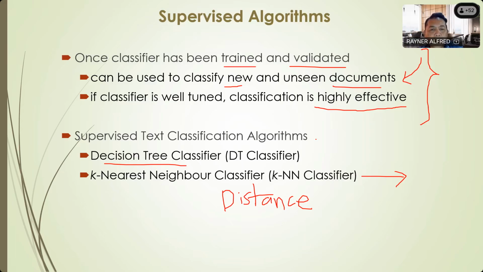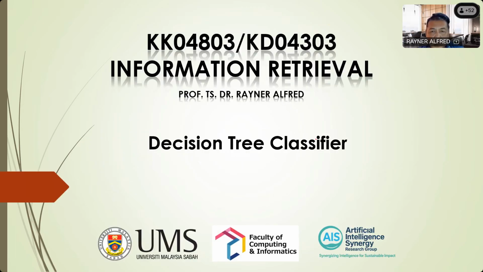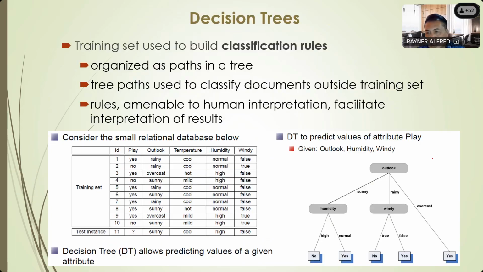Okay, so now let's take a look at the first one, the decision tree classifier. So the decision tree looks like this. They have the root, and they have the vertex here, and we have the edge here. Whatever you have at this level is the class level.